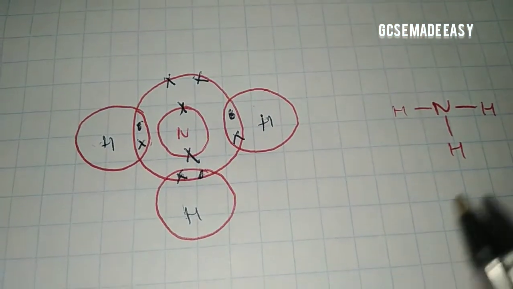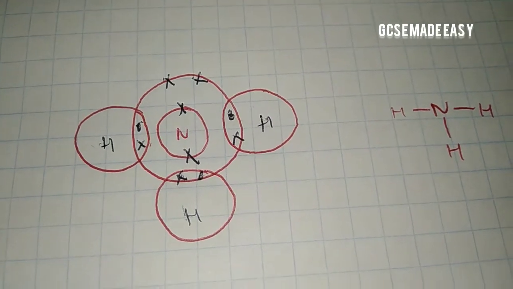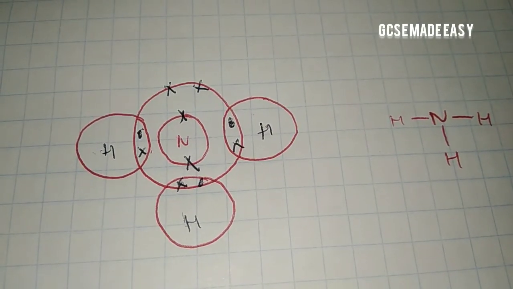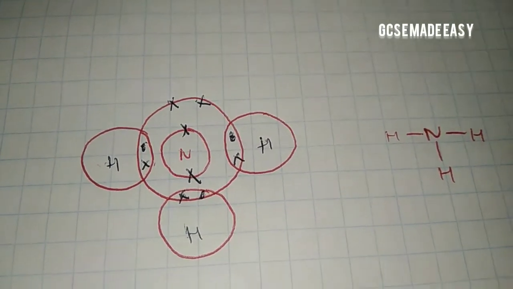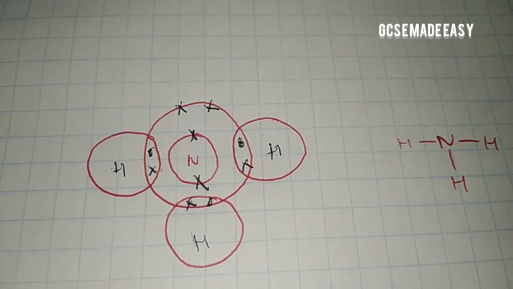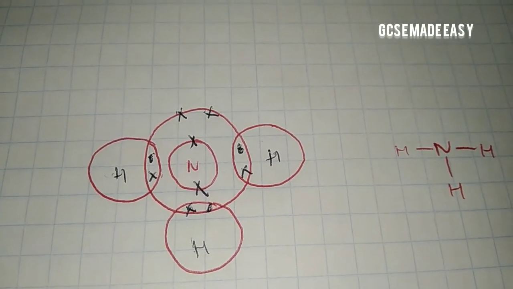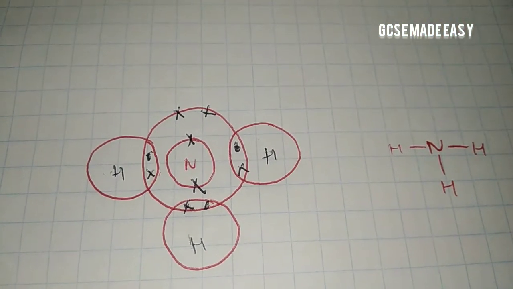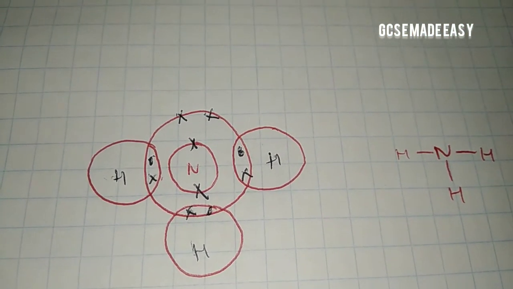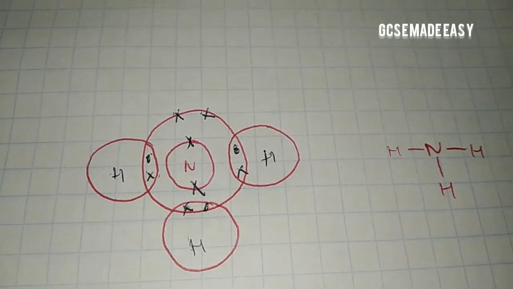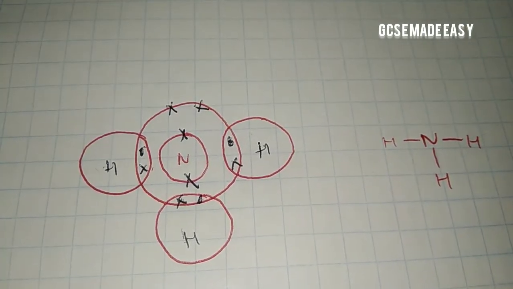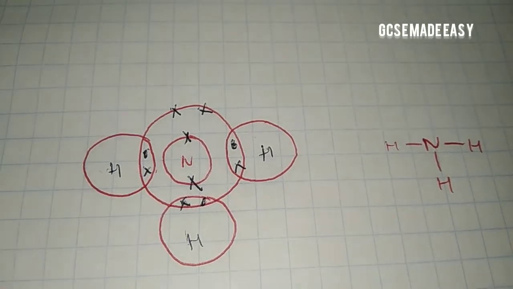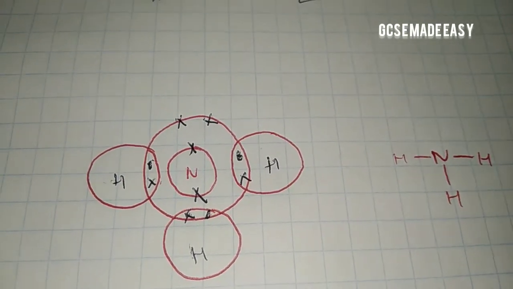Because nitrogen is in group 5, it has 5 valency electrons, which tells us that it is short of 3 electrons in order to obtain an octet configuration. So it's going to share 3 electrons with 3 hydrogens.